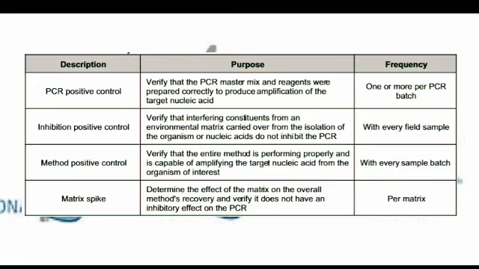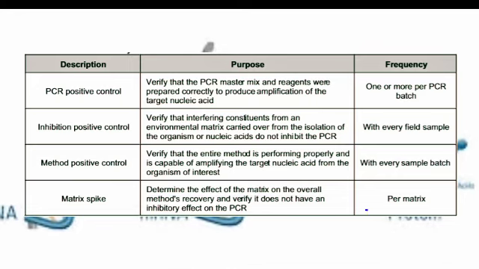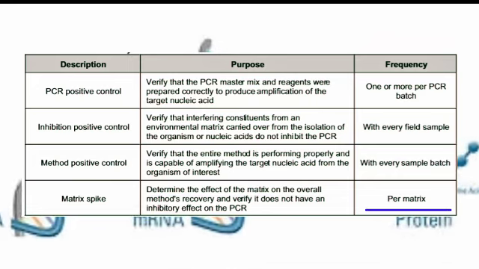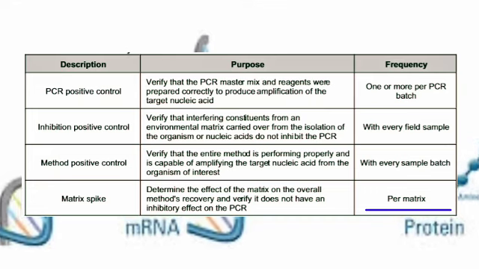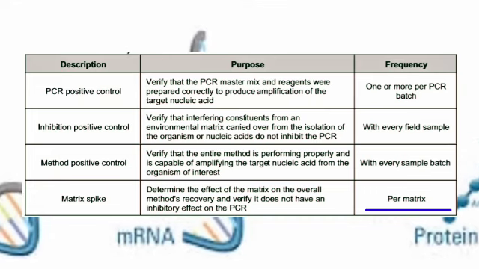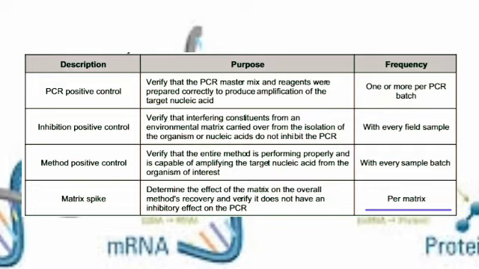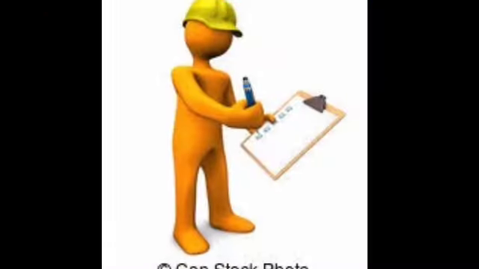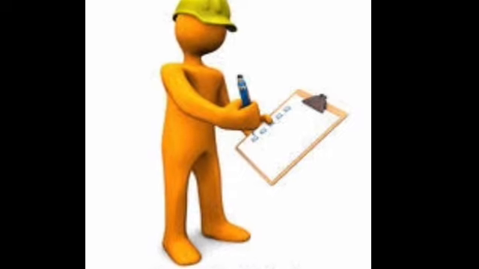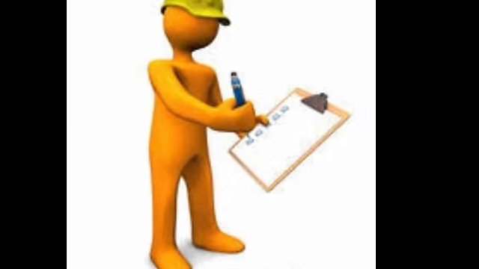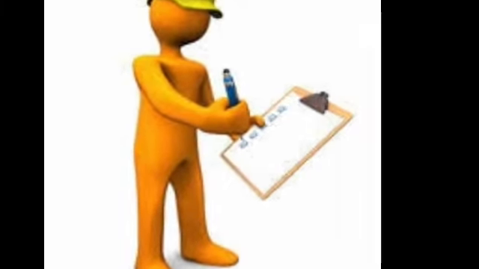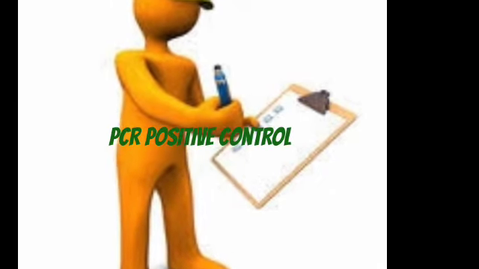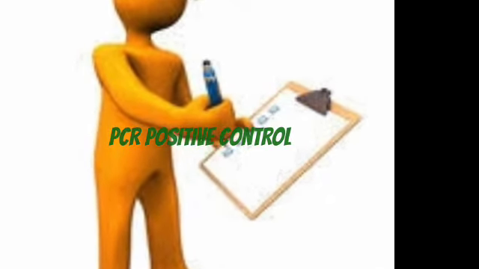And this is an occasional process and should be done with all types of matrices which are used in the laboratory for a particular diagnostic analysis. So all these controls we will see one by one in detail. So first of all we will start with PCR positive control.